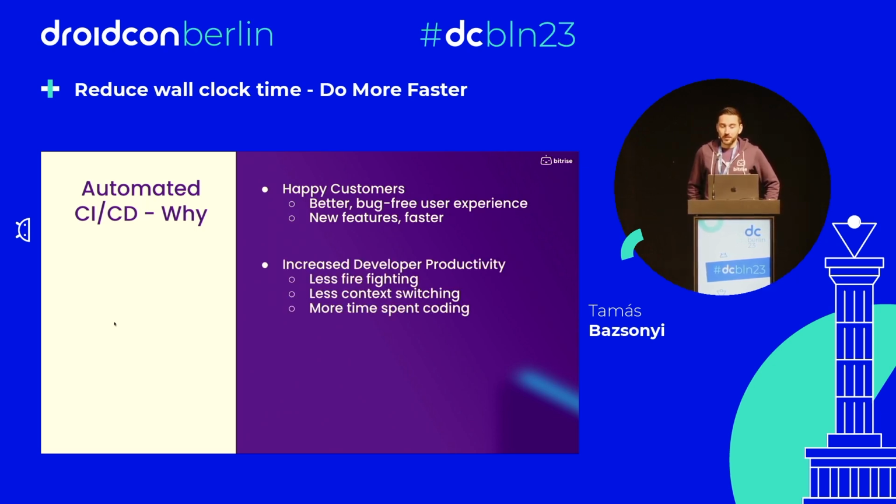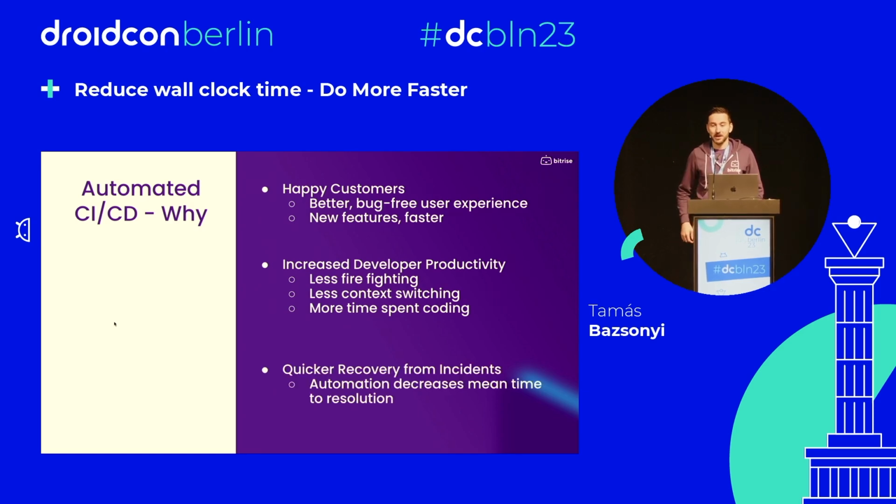It also increases productivity. Your developers will need to do less firefighting, less context switching, and would be able to spend more time on coding. And it also enables you to have a quicker recovery time from any kind of incidents that you are facing.